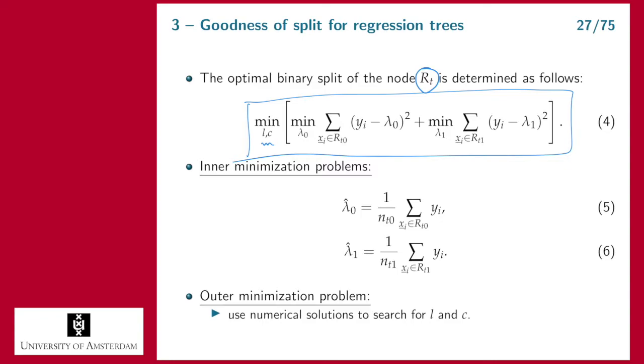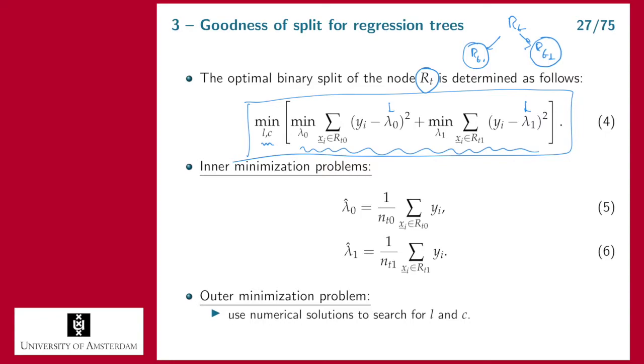Once I determine L and c, I can split my node Rt in Rt0 and Rt1, and then I look for the lambda 0 and the lambda 1 that are used to make predictions in each of the nodes by minimizing these inner minimization problems.